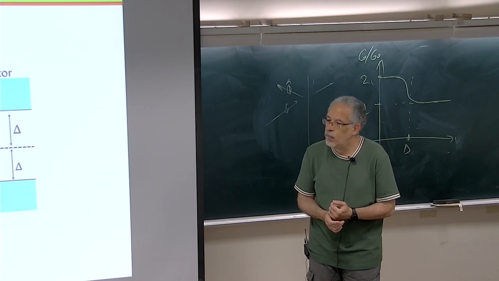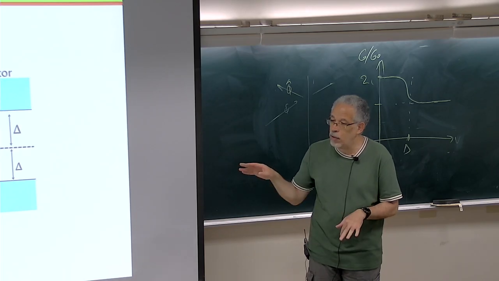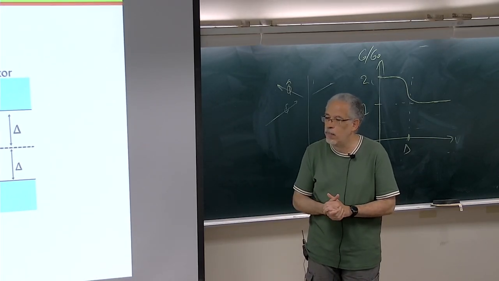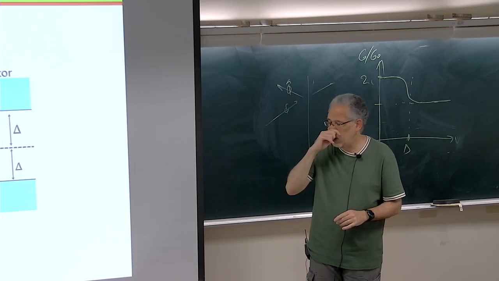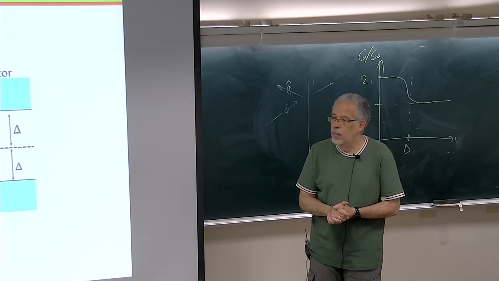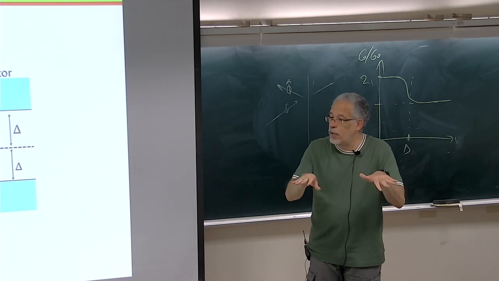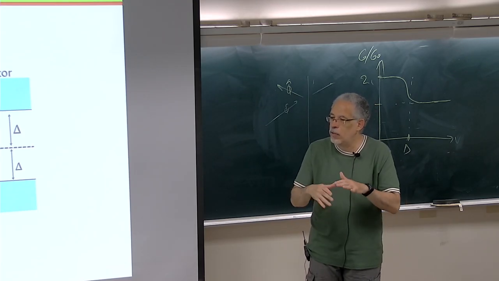Yes, you will have absolutely the same picture here. But that depends on the gap of the superconductor. It always depends on where this gap is, where the Fermi energy is. It all depends on that, yes.